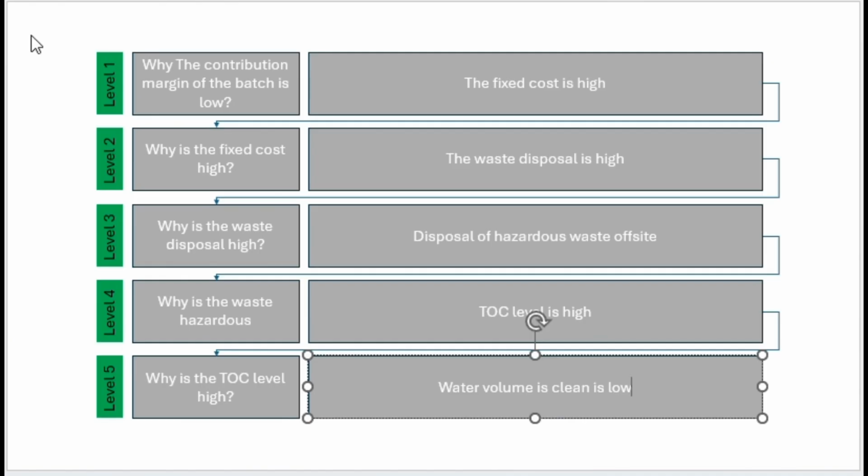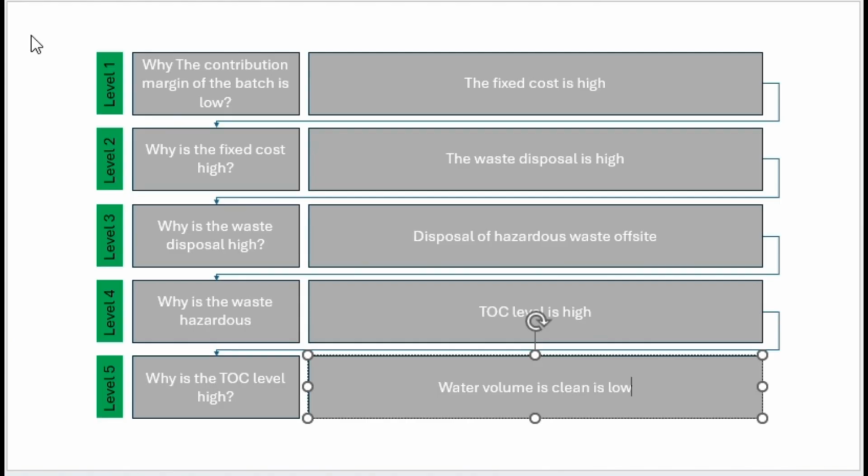And now you try to brainstorm with the stakeholders on what to do. How do we get that TOC level down, right? And that's where you could brainstorm many ideas. Things like, okay, instead of cleaning every batch, let me operate in a campaign, or maybe I make a different product that's compatible with the product that I produced, and in this case you don't have to clean.